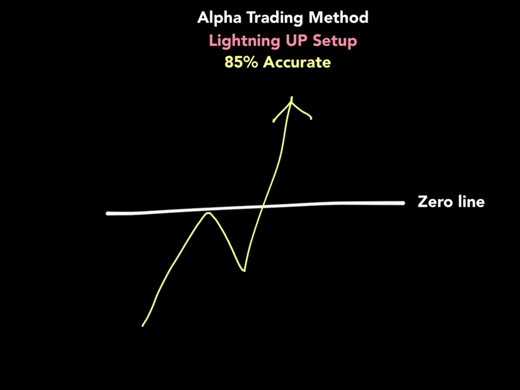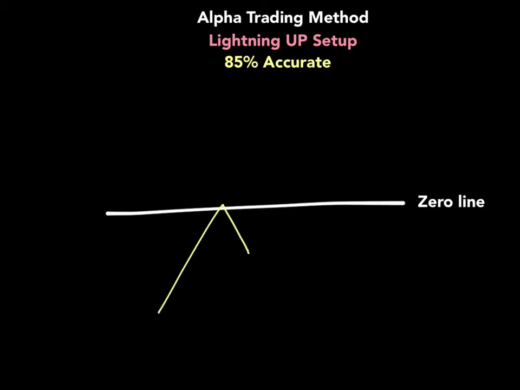That's why it's a lightning, because, as you can see, it has the figure of the famous lightning bolt. Once again, it comes here, it retraces, and then goes up. That's all that you have to know and understand, and look into the market and see, well, okay, I'm looking for this setup, this pattern in the market, and I'm looking for entry.